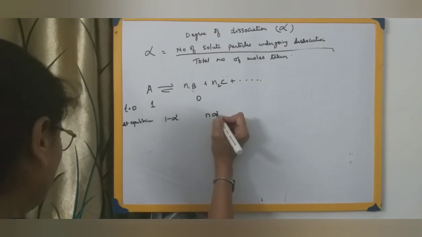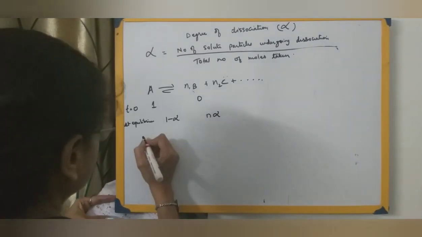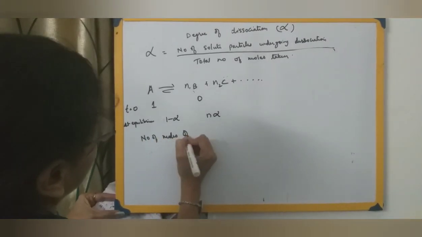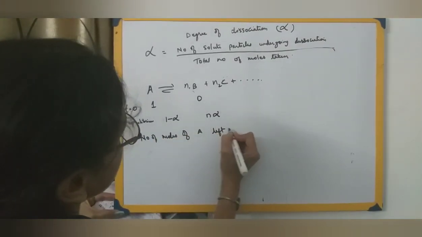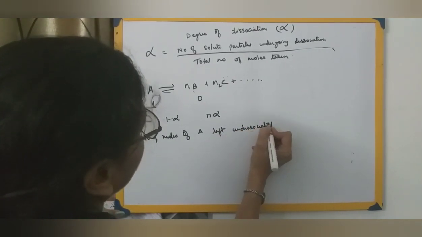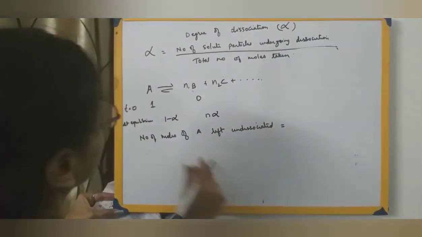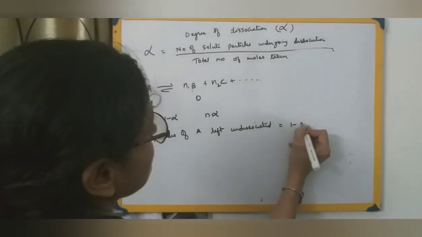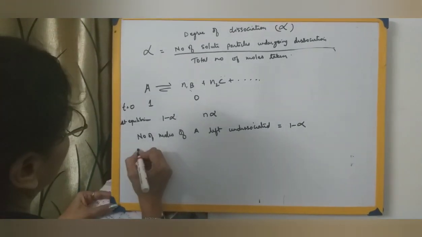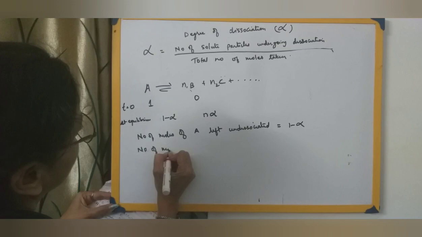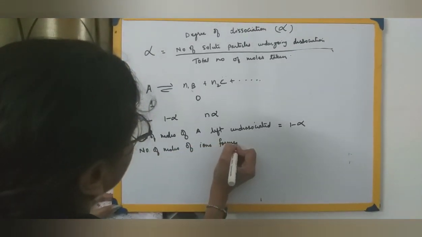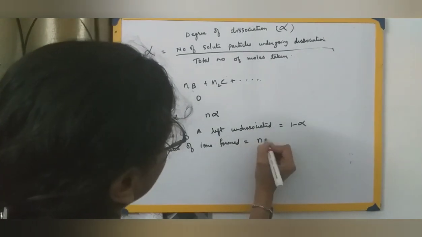So we have the number of moles of A left undissociated, which is equal to 1 minus alpha, the degree of dissociation, and the number of moles of ions formed, which is n alpha.